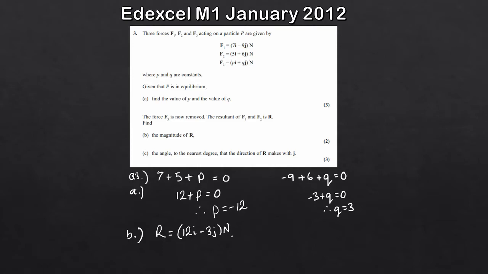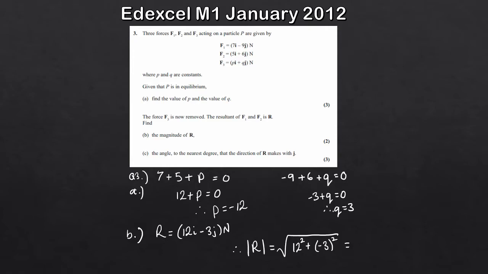To work out the magnitude then, all we do is square both of these, add them together, and then take the square root. So the magnitude of R is the square root of 12 squared plus minus 3 squared.